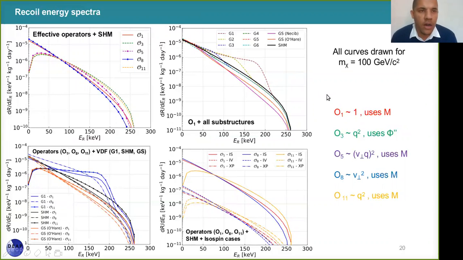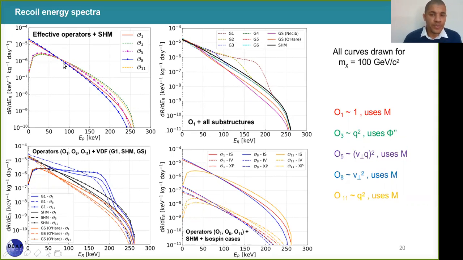Okay, these are recoil energy spectra plots that consider different cases. For instance, the first contains the rate produced by effective operators with the standard halo model velocity distribution. And here, the most important thing that I would like to say is that those q-dependent or momentum-dependent operators, which are operators 3, 5, and 11, tend to suppress the rate at low recoil energies.